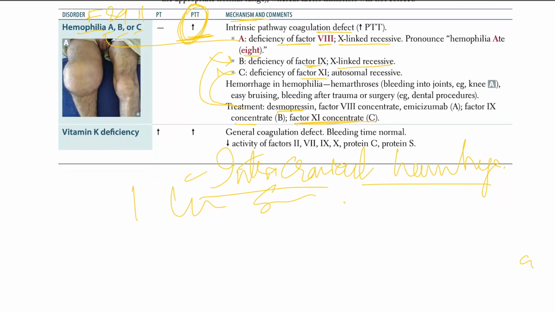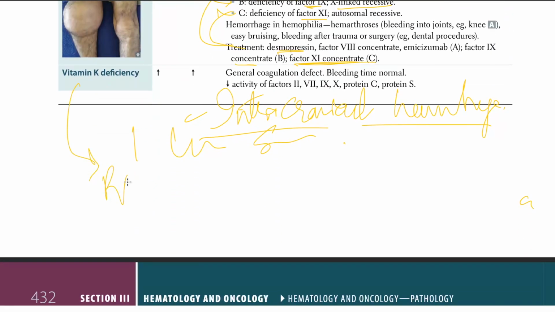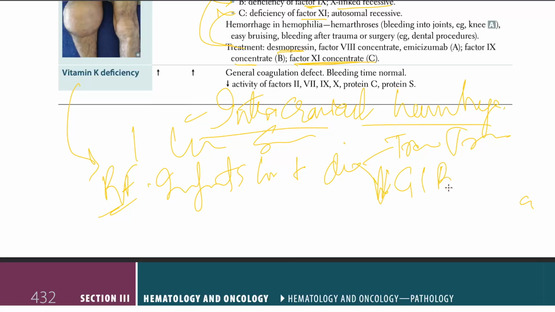What are the risk factors of vitamin K deficiency? The risk factors are, first, infants have low vitamin K stores due to poor placental transfer and decreased GI bacterial colonization.